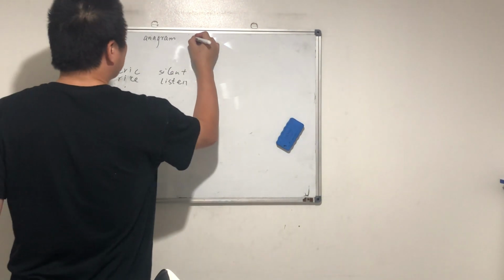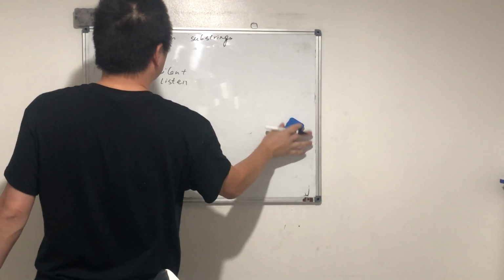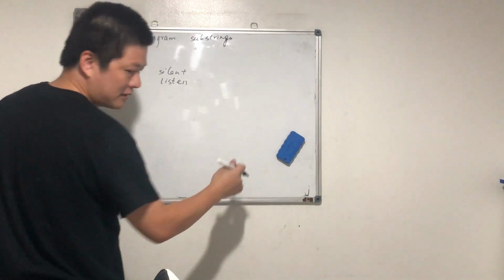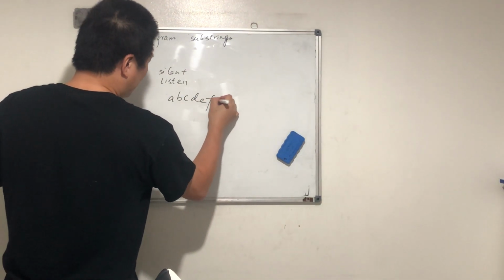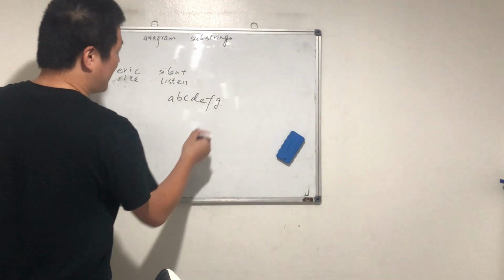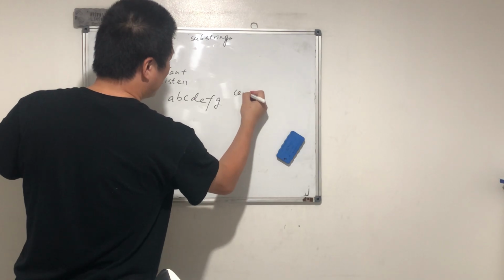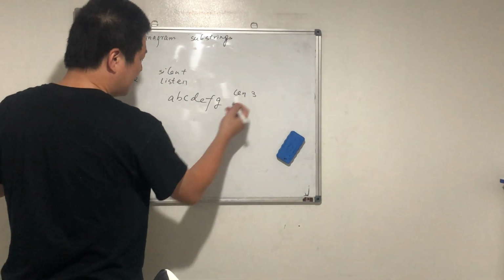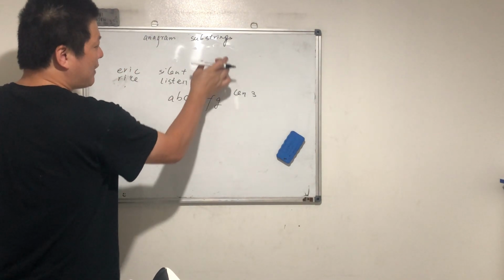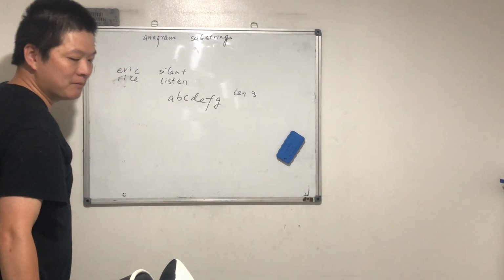Great. And what's a substring? A substring, like A, B, C, D, E, F, G. Can you tell me what the substrings of length 3 are in this string? How many substrings of size 3 are in A, B, C, D, E, F, G?